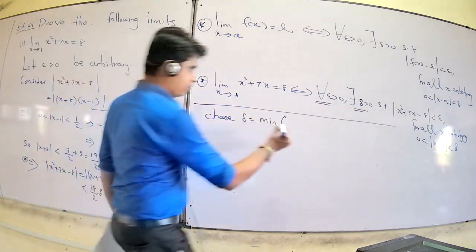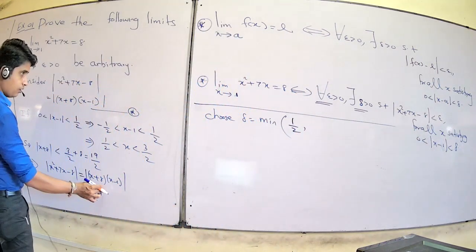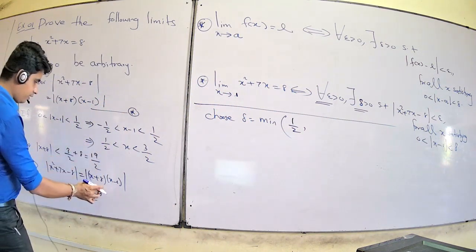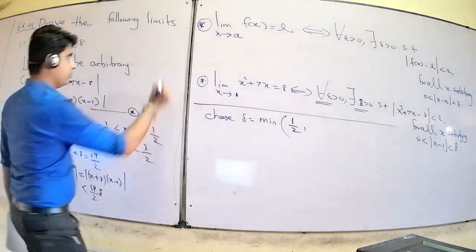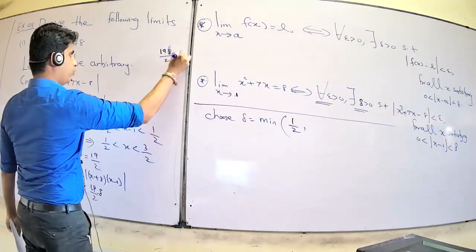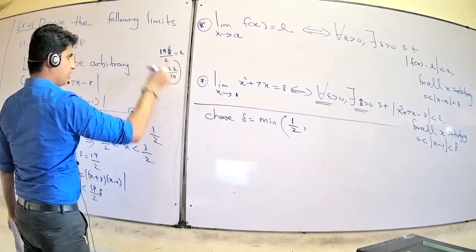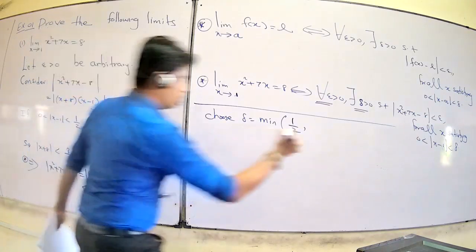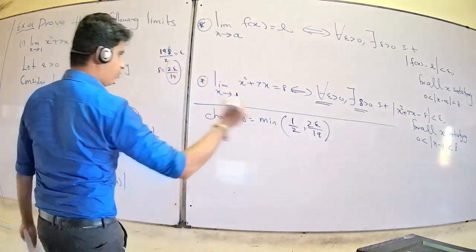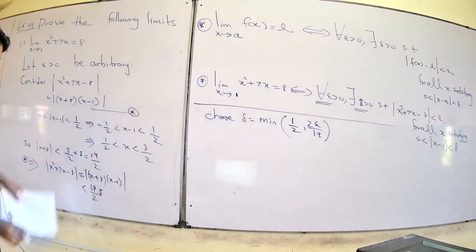Now for the other value, you want to prove that this one is equal to epsilon, so 19 delta by 2 equal epsilon. Therefore, what is the delta value here? 2 epsilon over 19. You choose delta as 2 epsilon over 19, and we will get less than epsilon.